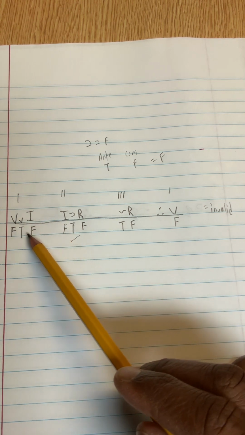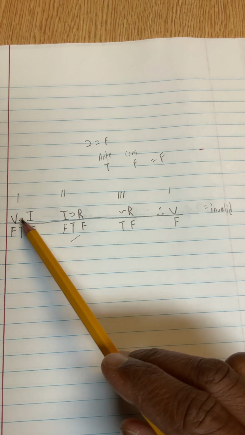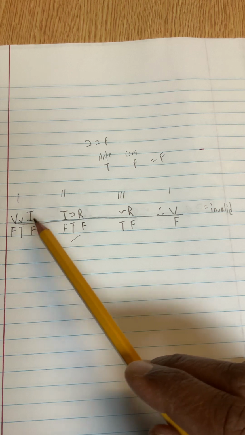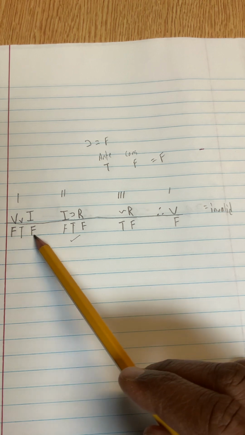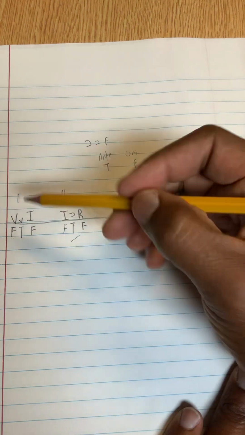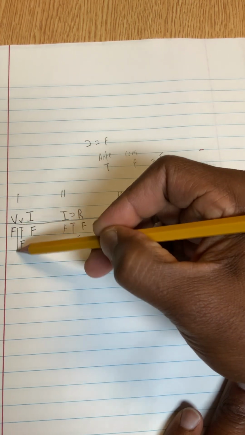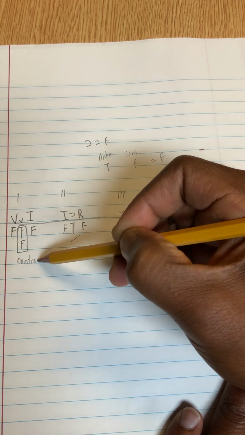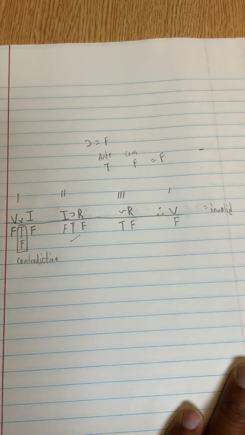Disjunction, it says it's true, but the rule for a disjunction to be true is that there needs to be one true statement in a symbol or proposition. But it says they're both false. So that's a problem. This is not a truth, this is actually a false. That's a problem. So that's what we call a contradiction.